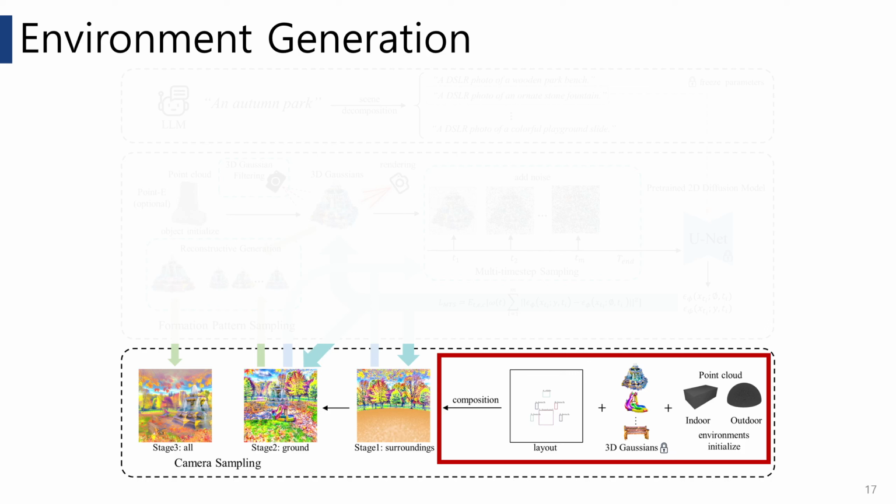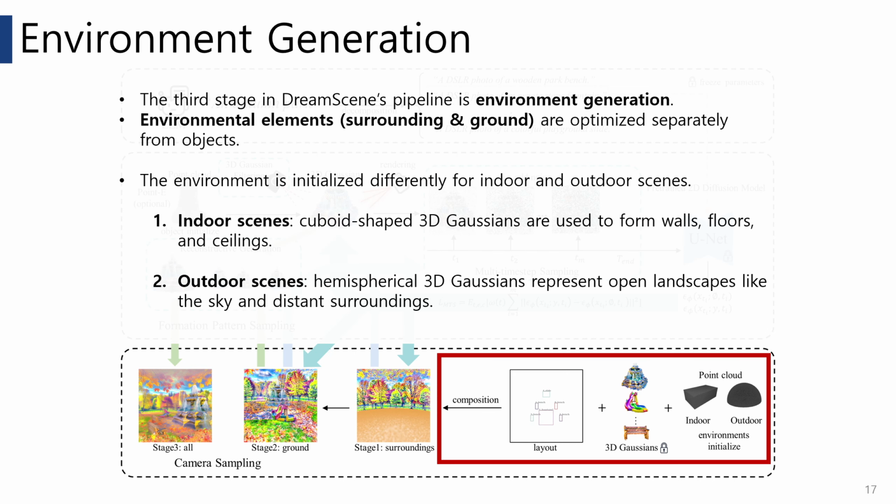The third stage in DreamScene's pipeline is environment generation. Environmental elements are optimized separately from objects. The environment is initialized differently for indoor and outdoor scenes. For indoor scenes, cuboid-shaped 3D Gaussians are used to form walls, floors, and ceilings.